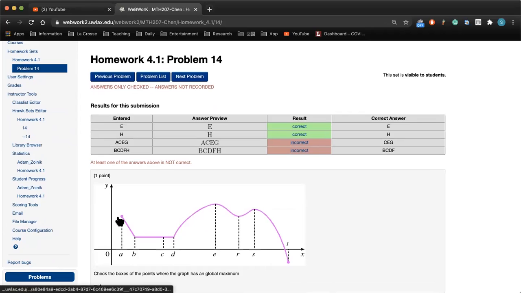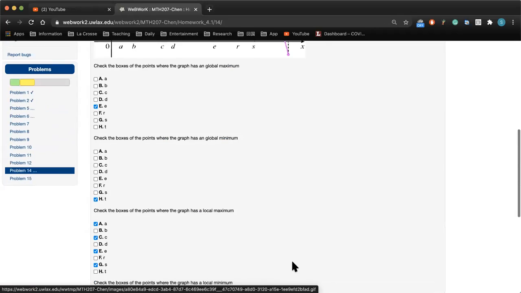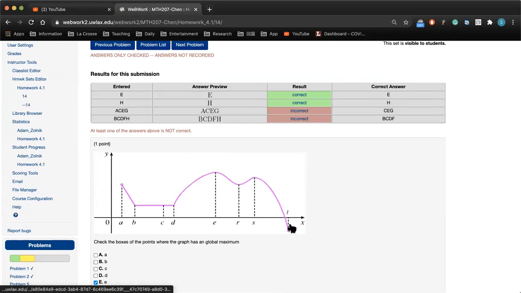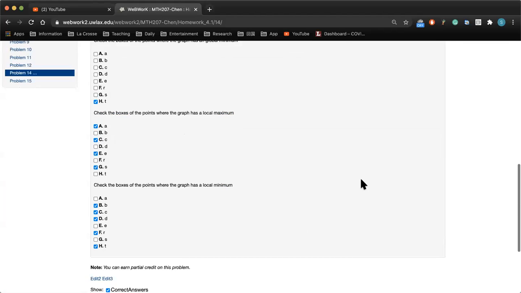WebWork doesn't want to include A, and doesn't want to include H, and doesn't want to include T. So it's purely WebWork. What you said was correct, but just keep in mind that for WebWork, they don't count the ending point. However, according to what we had in class, this deserved to be a local maximum and this deserved to be a local minimum.